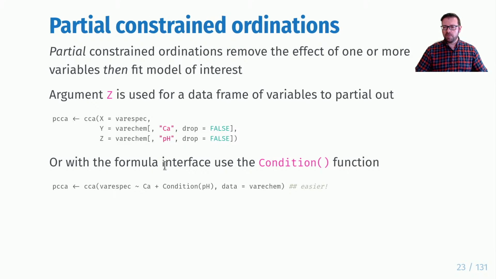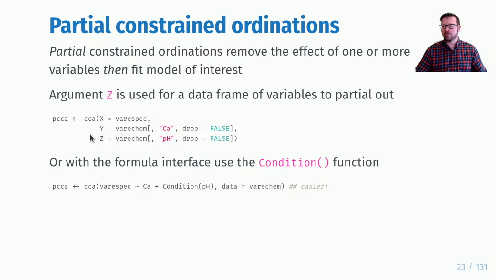And if you're using the default interface, then you would use argument Z, where you would pass in the data frame of things that you would want to partial out first. What I'm showing here is a model fitted to the lichen species data, which we pass in as X. My predictor variables, here I'm just showing the one variable just for space, is the chemistry, saying how much of the variation in the species can I explain using calcium after I've removed the effect of pH.